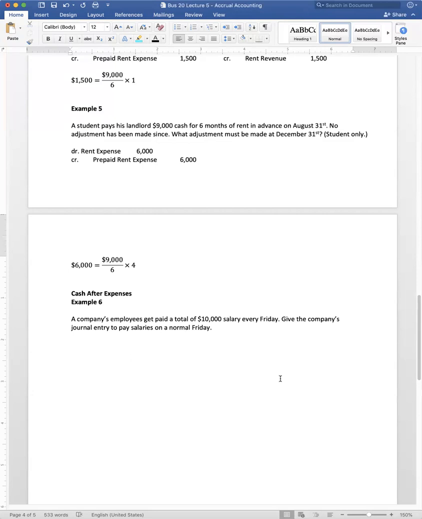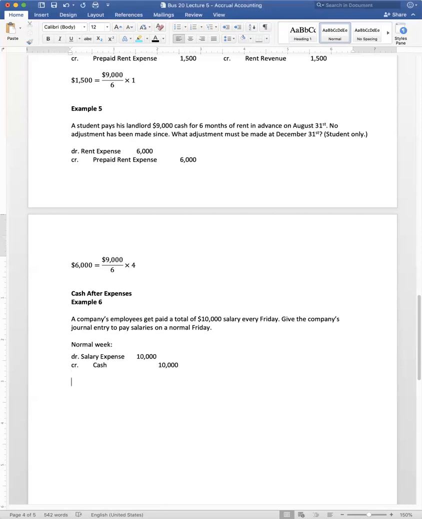They work Monday through Friday, and Friday they get paid $10,000. So what's involved there? Well, they're paying for salaries, and they've already worked, so it's going to be salaries expense. And of course, an expense is always a debit. And then they're paying them, so that means cash is going down, so the credit will be cash.